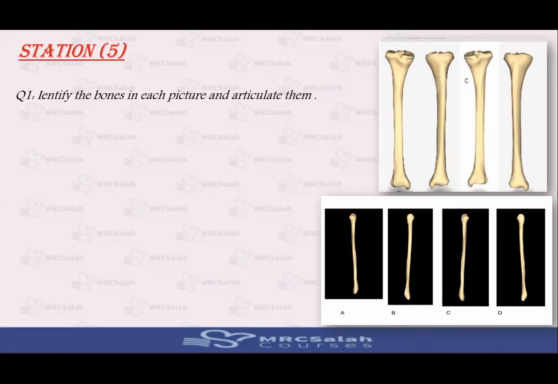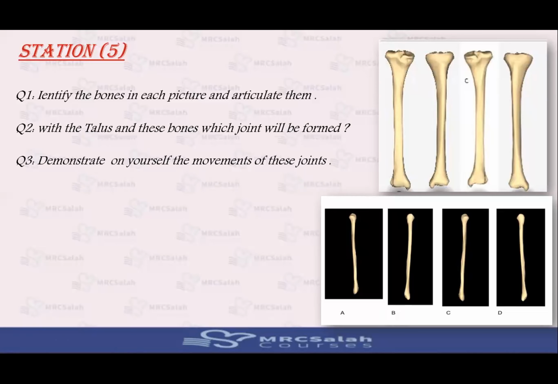In this station, I am trying to bring the most accurate picture, close to the exam. You will find 6 views for the ulna, the tibia, and about 6 views for the fibula, labeled A, B, C, D. They will ask you which bone from the picture above and the picture below can be articulated together.